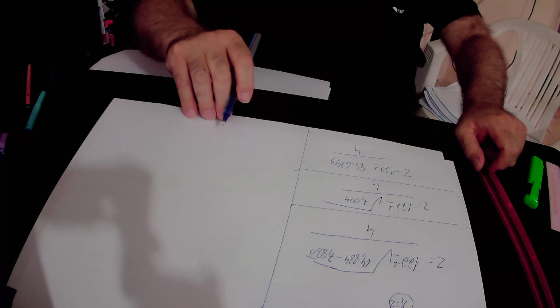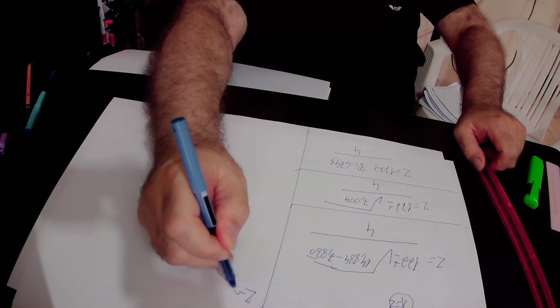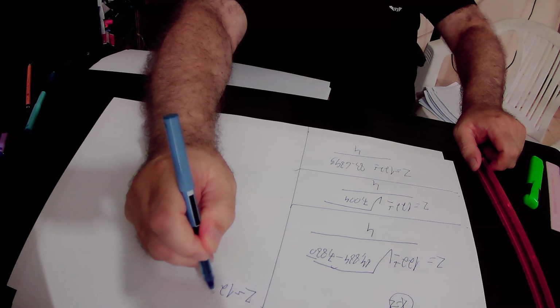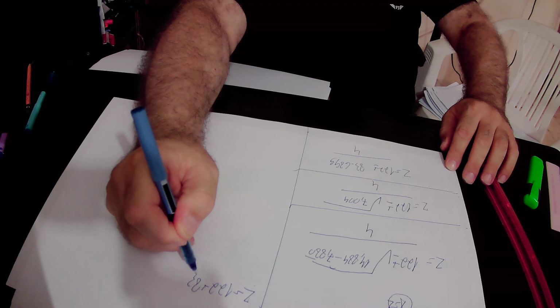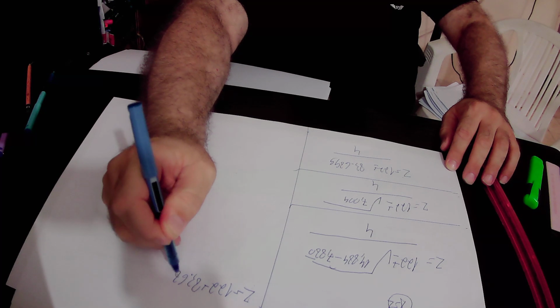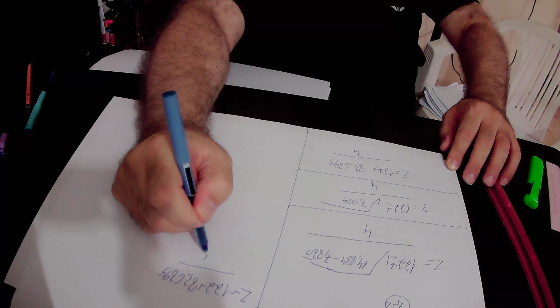The first solution for z is that z equals 122 plus 83.6899 over 4.